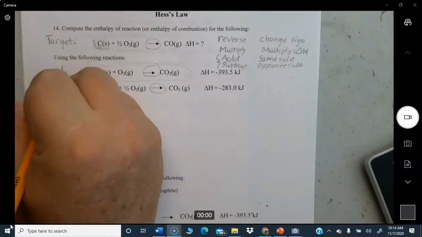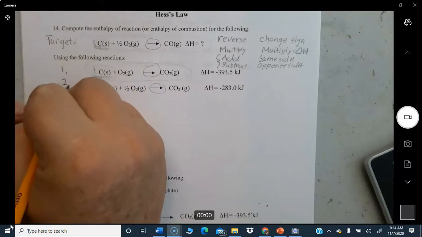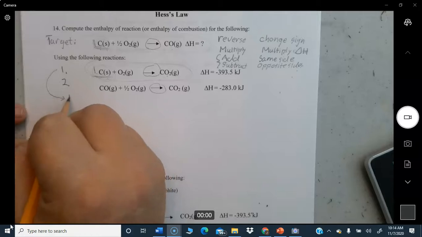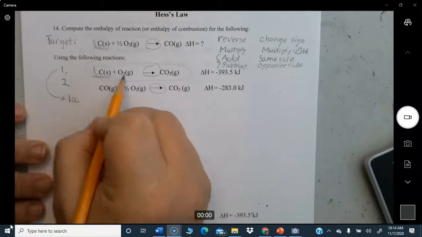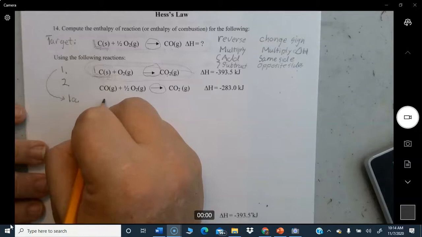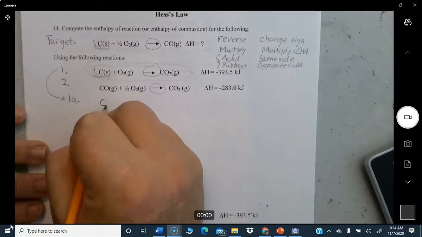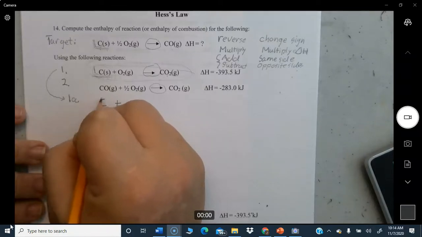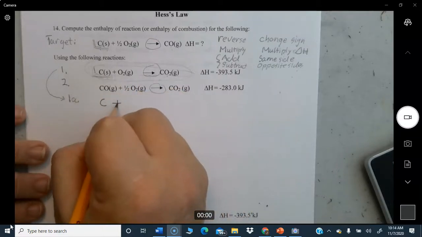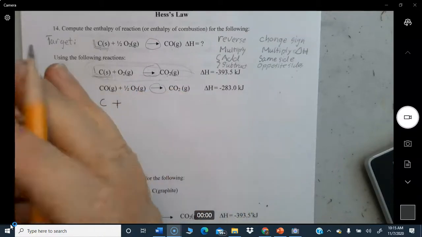I'm going to number the reactions 1 and 2, and then I'm going to come down and rewrite them as I make changes. So this is going to be 1A, and it's going to simply be this reaction that I haven't changed. And I'm going to omit the states. They're not significant in doing a Hess's law problem, but you should really put them in.